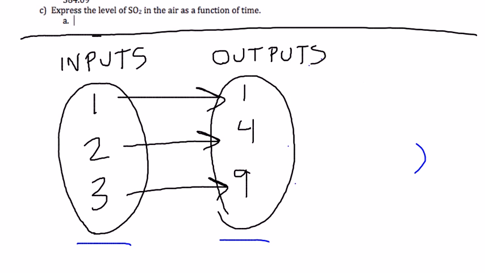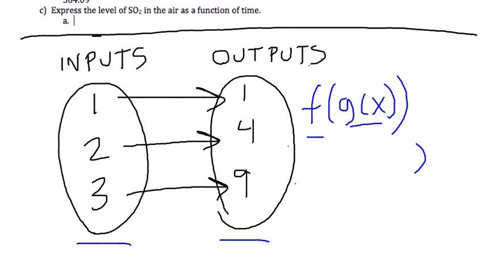So if you had a composition of functions, like f of g of x, that means you're going to input x into g, and then take the output of g and use it as an input for f.